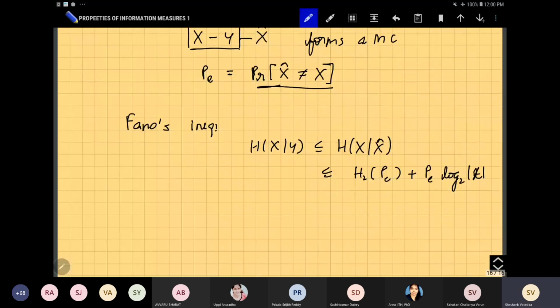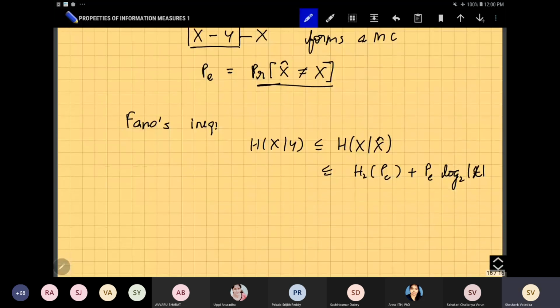So if you look at the probability of error as a function which varies between 0 and a half, then it turns out that the right hand side is an increasing function of the probability of error. So if the uncertainty about x given y is larger, then so is the probability of error, PE. Right?